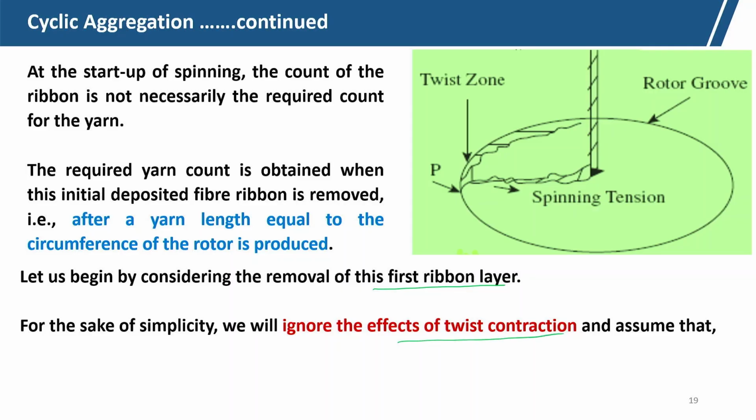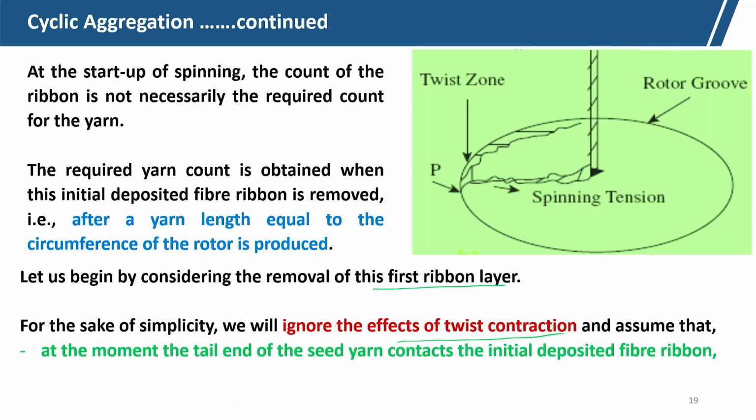So, the twist contraction effect is eliminated here, and assume that at that moment the tail end of the CDN contacts the initial deposit of the ribbon. So, the tail end of the CDN which you are feeding will be in contact with the initial deposited fiber ribbon.